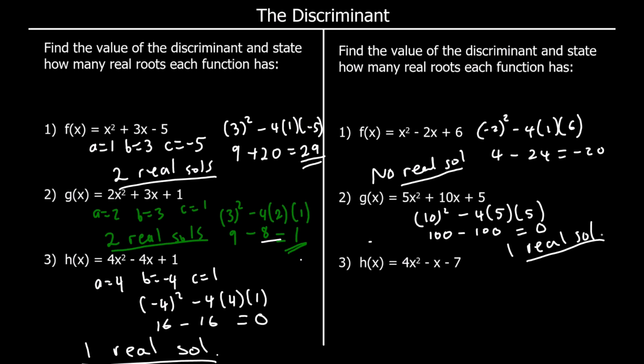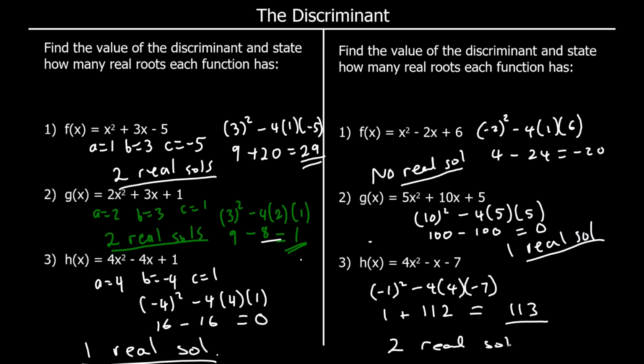And part 3, b is negative 1, so it's negative 1 squared minus 4 times a, which is 4, times c, which is negative 7. So it's 1 plus 4 times 4 times 7. 4 sevens are 28. 28 times 4 is 112. That's 113. 2 real solutions.